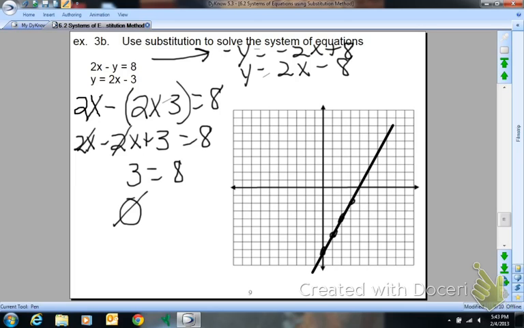The other equation, solve that also. If you will see, they are parallel. Parallel lines never cross. That is why they're no solution.